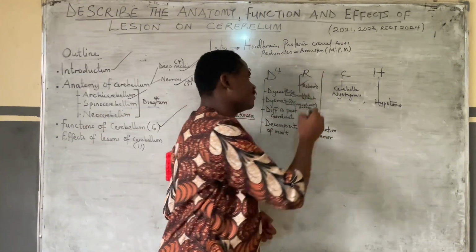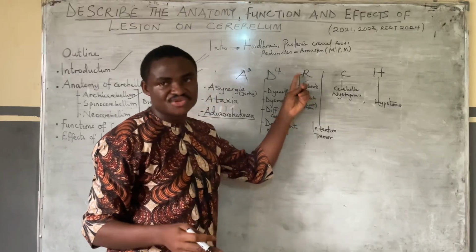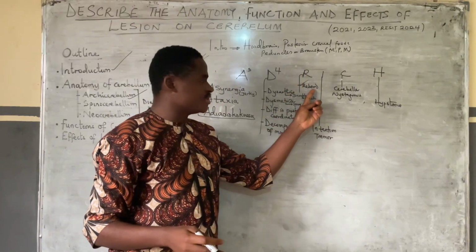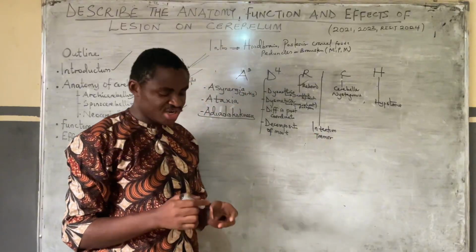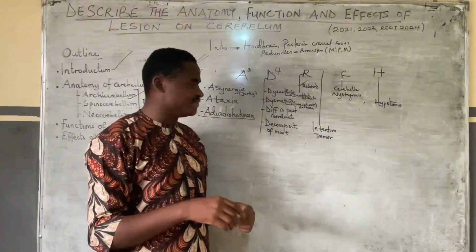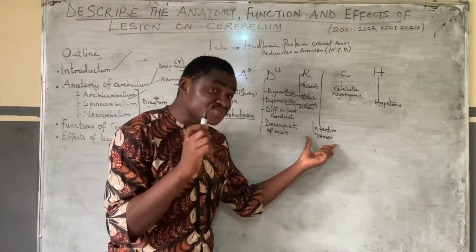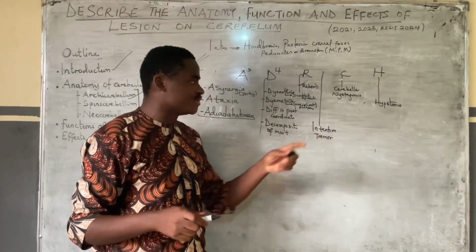Then we have rebound, the difficulty to respond to changing circumstances. Intention tremor is a tremor that we see during movement or during activity. By the way, resting tremor is seen in basal ganglia lesions, so intention tremor is seen in cerebellar lesion.